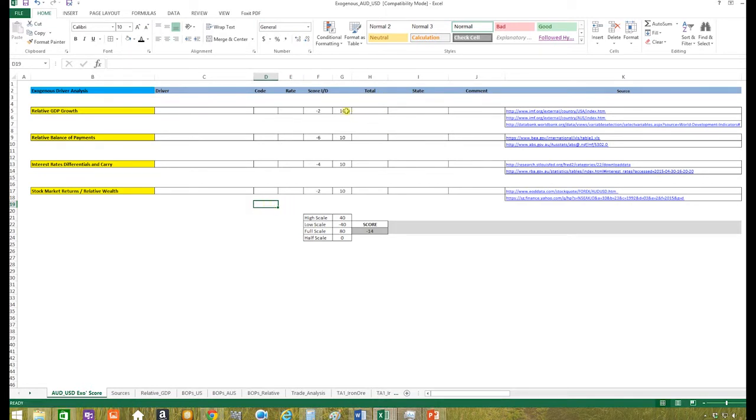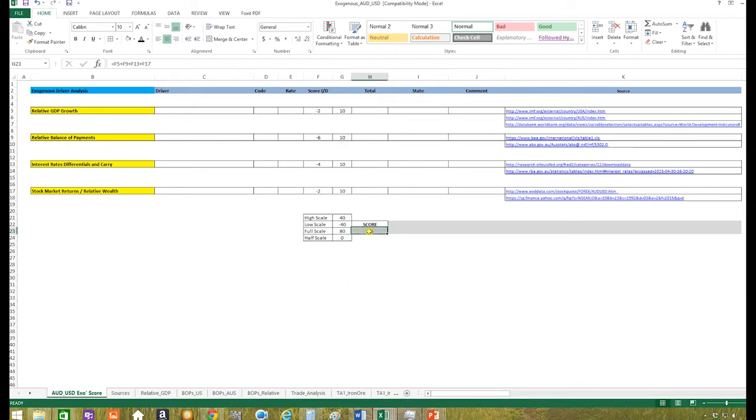Overall, our total scorecard, we do this in a similar way to the endogenous analysis. Our total scorecard is on a scale of -10 to +10 for each individual driver. Therefore, the total scorecard has a full scale of 80 points, with the most negative being -40 and the most positive being +40.